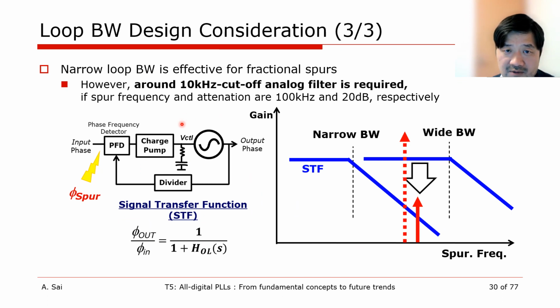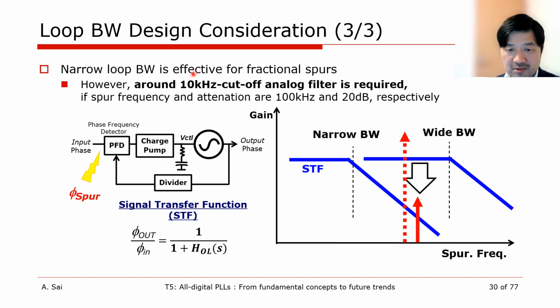So here is a final consideration in the tutorial of the PLL loop bandwidth design. The key design factor is the fractional spur. The fractional spur is a major trigger for the digitization of PLL.